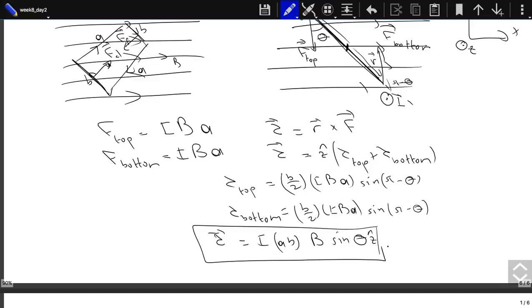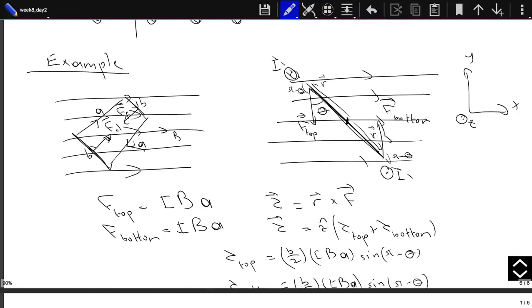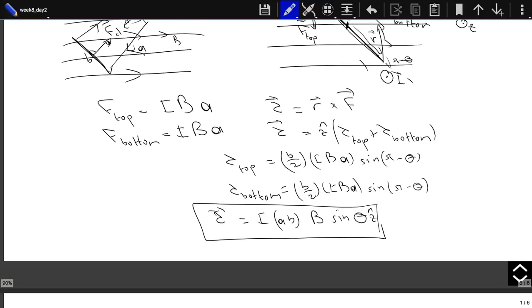Again, the sine of theta. We have a vector, we are multiplying it with another vector, with a sine of some angle, and we are obtaining something which is in the Z direction. But the Z direction is perpendicular to B. You see, in our configuration, B is in the X direction. The torque vector is perpendicular to B. Its magnitude is proportional to the magnetic field times sine of some angle.